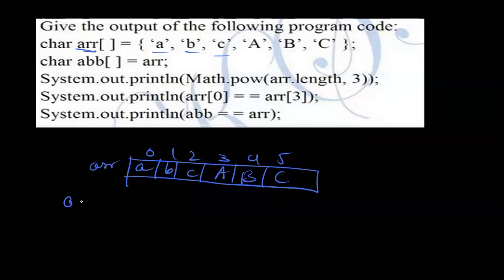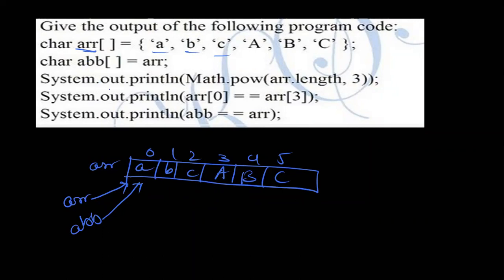Here arr is a pointer pointing to the array. Now again, abb also is pointing to this. It will be the same. This is actually called the container address. Just think it is also pointing to the first element.